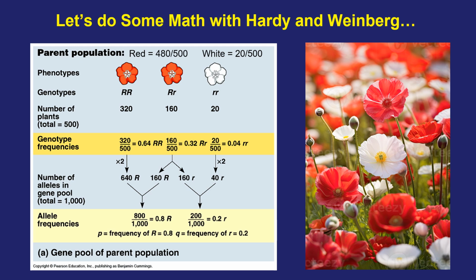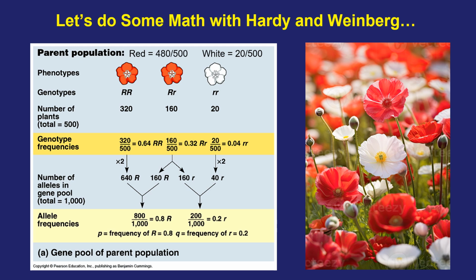First of all, we have 500 individuals. They are all diploid, meaning they have two alleles. So we have 1,000 alleles in the entire gene pool. Let's start with the dominant allele, the uppercase R. We have 320 individuals that are homozygous dominant. They're each contributing 2 of those dominant alleles, so that's 640.